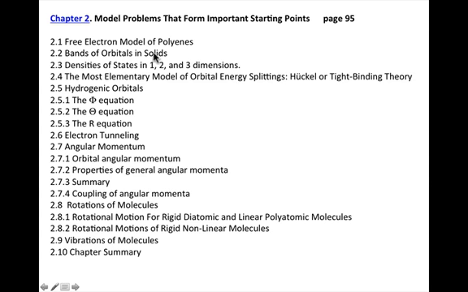And then we move on to treat the same kind of problem in 2 and 3 dimensions. We call these bands of orbitals in solids. If the orbital is involved in motion on a surface of a solid, so it's only in 2 dimensions, then we call that a solid surface band, where a band is basically just a grouping of orbitals.